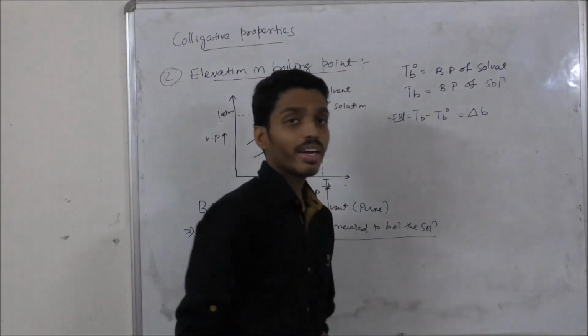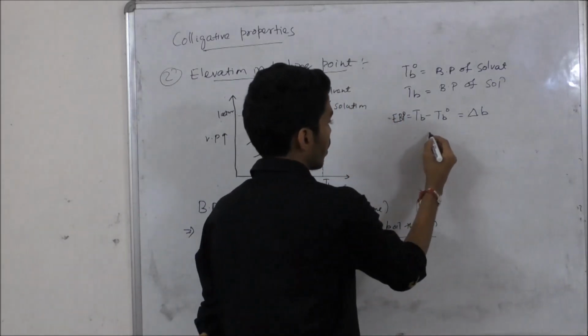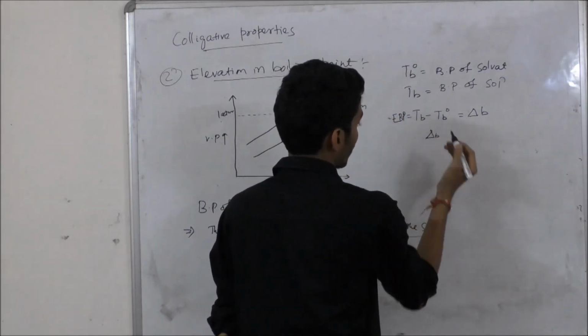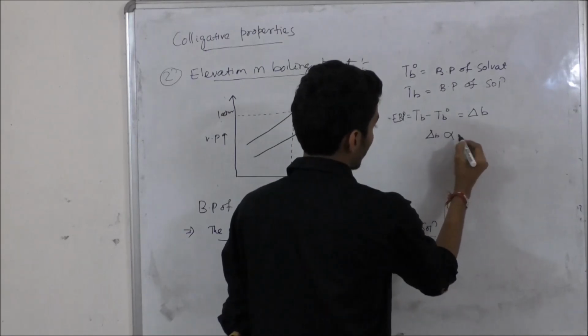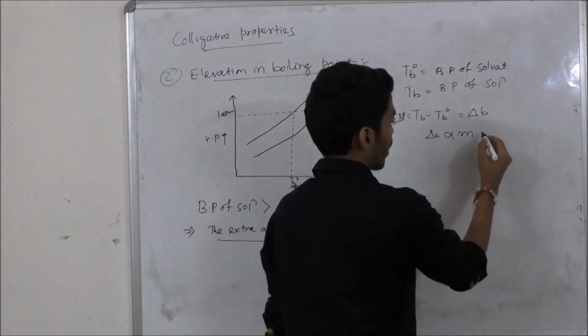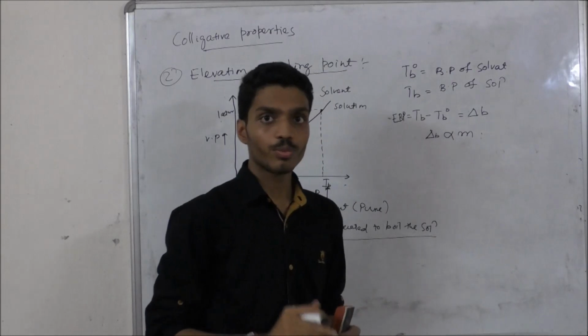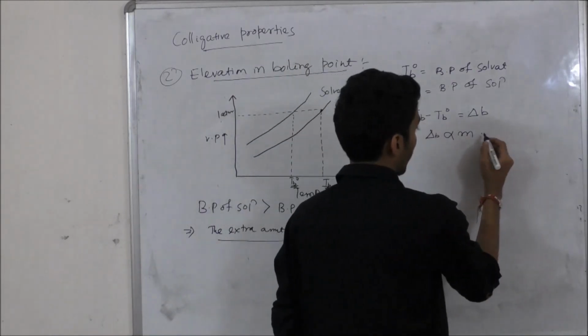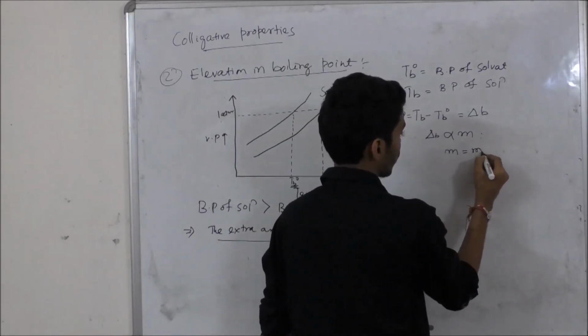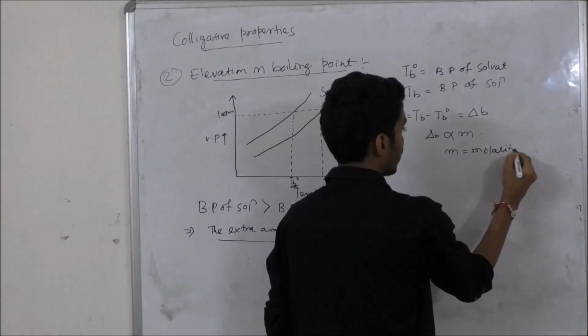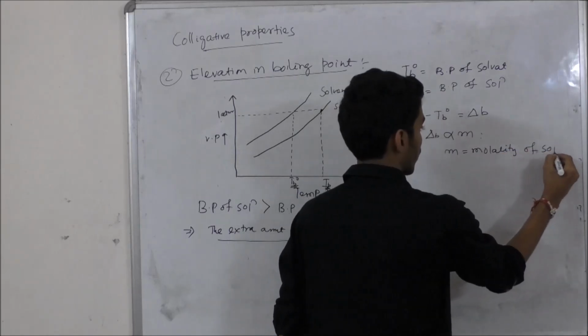It has been seen that delta Tb is directly proportional to m, where m is the molality of the solution.